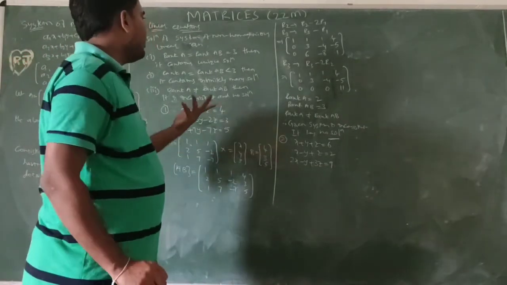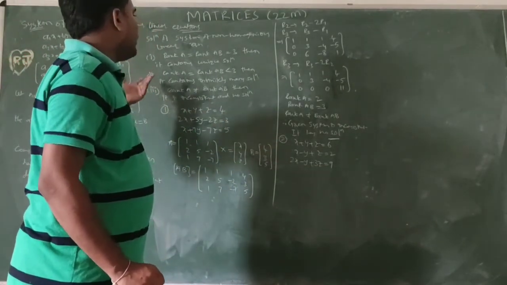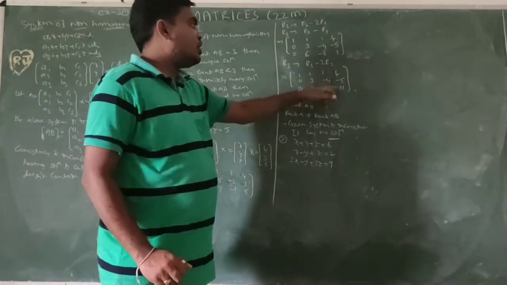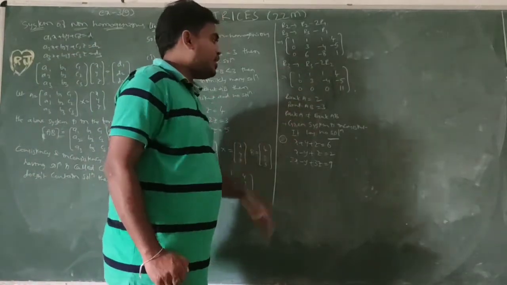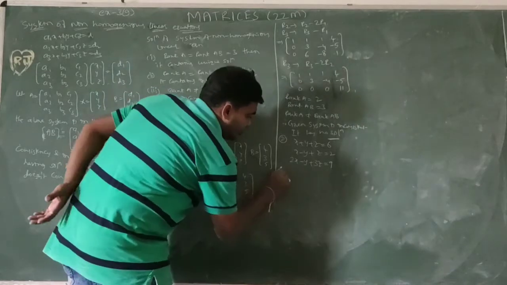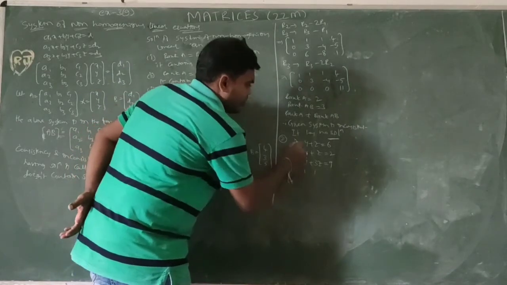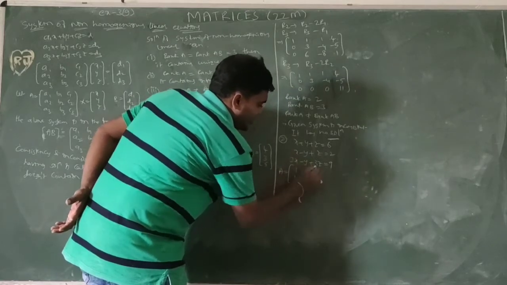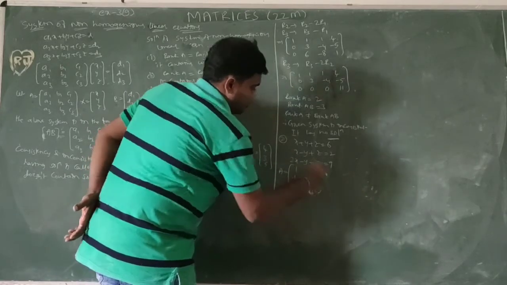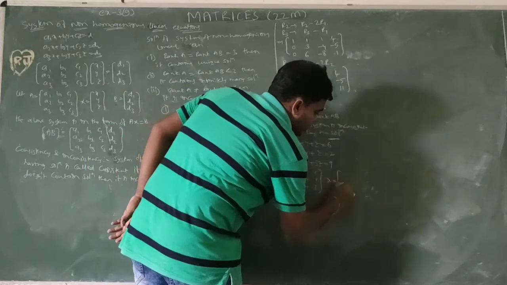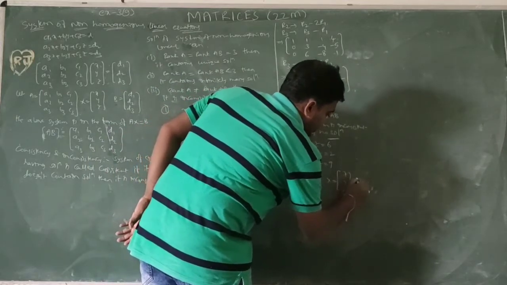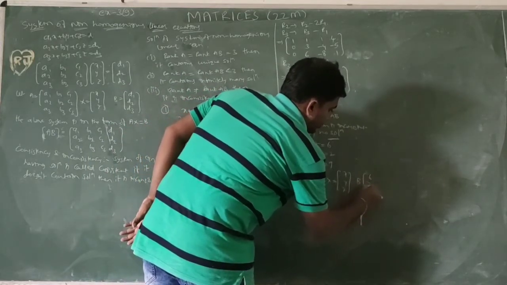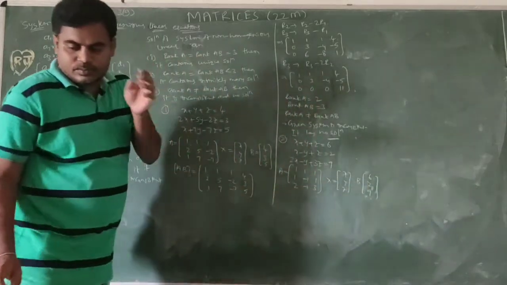We don't know which case this problem belongs to. So we do it up to this one, then we will get an idea. First, A equals [1 1 1; 1 -1 1; 2 -1 3], X equals [x y z], B equals [6 2 9].